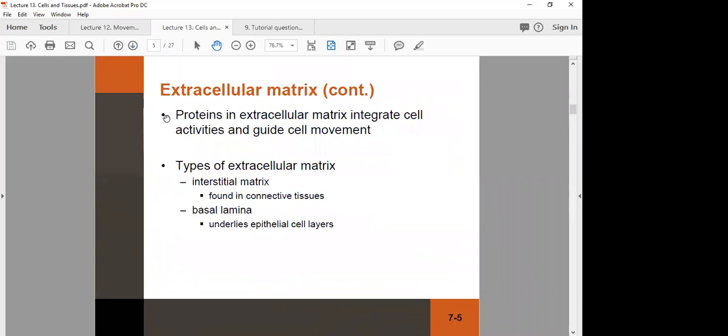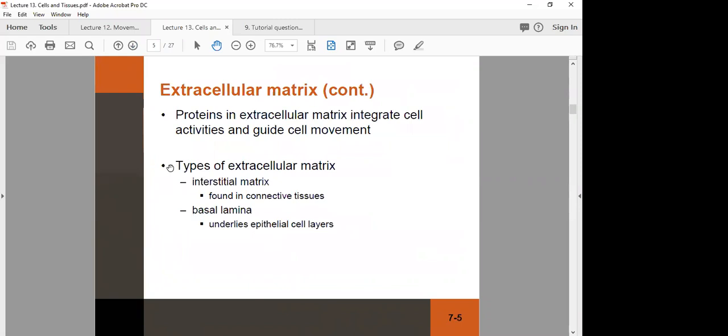Proteins in the ECM integrate cell activities and guide cell movement. This is more relevant to animal embryos, where during early embryonic development, certain cells will actually detach and move through the embryo to a different part of the embryo, and that movement is facilitated by the extracellular matrix itself.